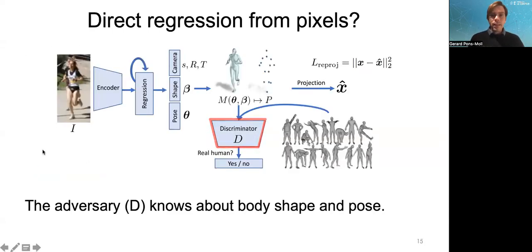So basically here, the idea is that the encoder or the regressor will predict the pose, shape, and camera parameters. And these parameters will have to pass the check of a discriminator, right? That's the idea of a GAN. If you don't know GANs, I suggest that you check the principle behind this. You have the generator, which is given by this encoder that will produce the pose and shape, and the discriminator will decide whether this is a real human or not.